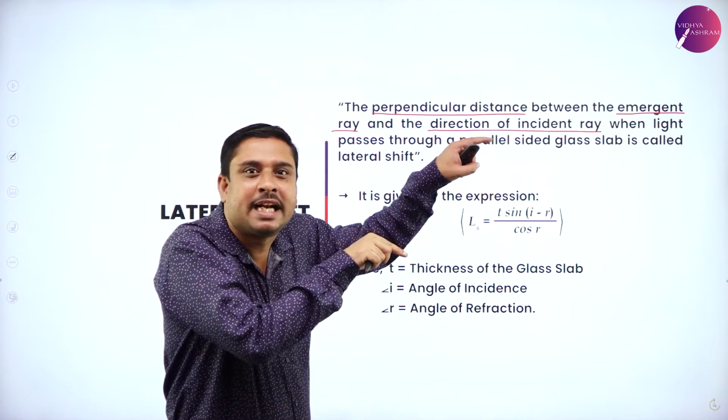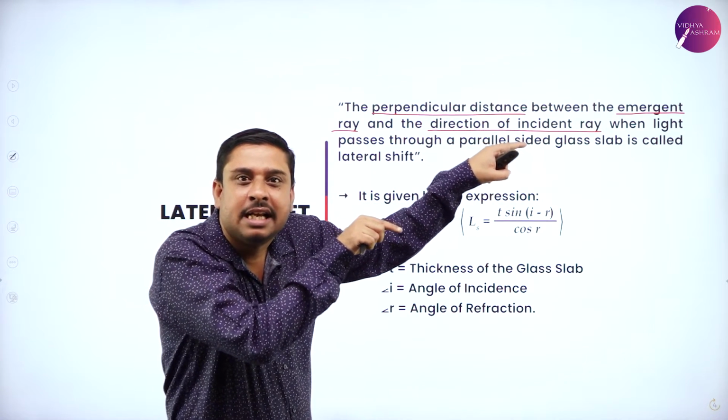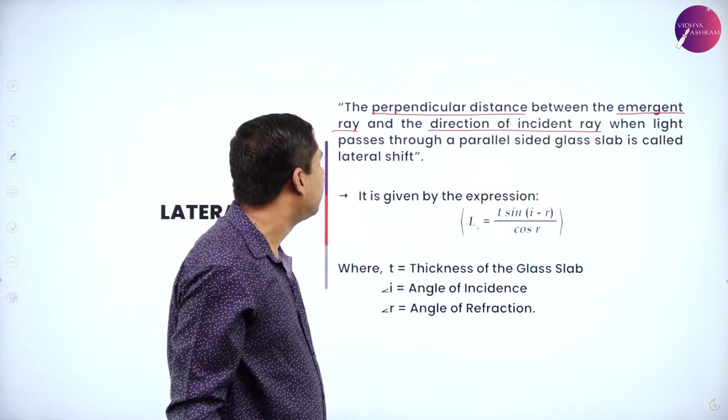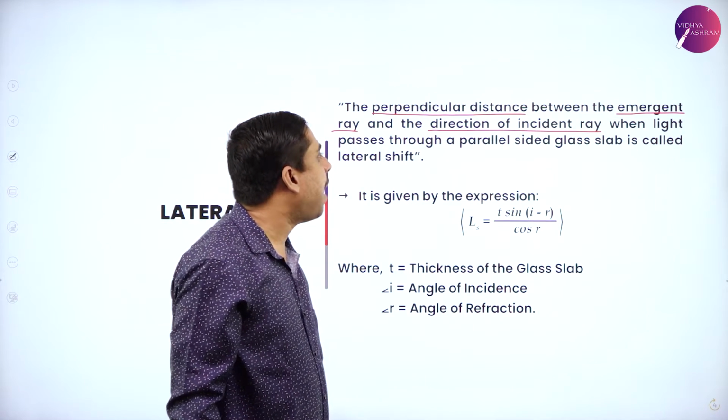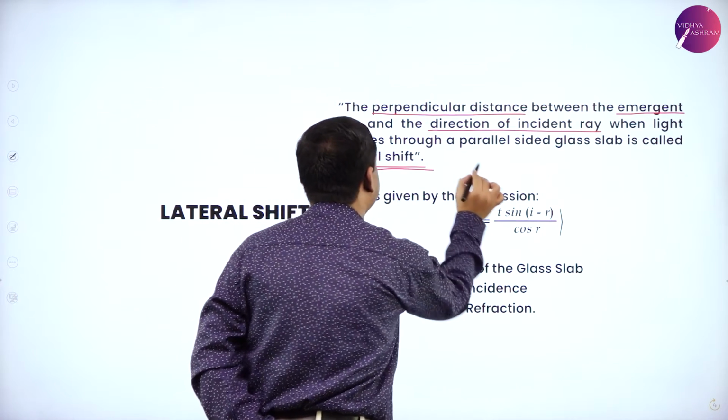That perpendicular distance between the incident ray and the emergent ray, when light passes through a glass slab, is called lateral shift.